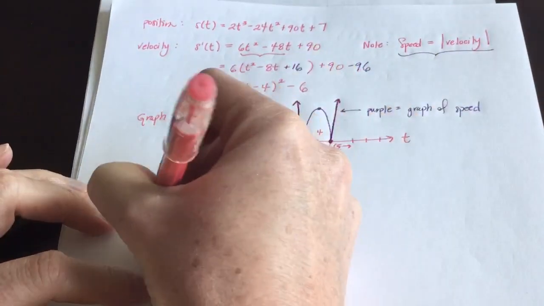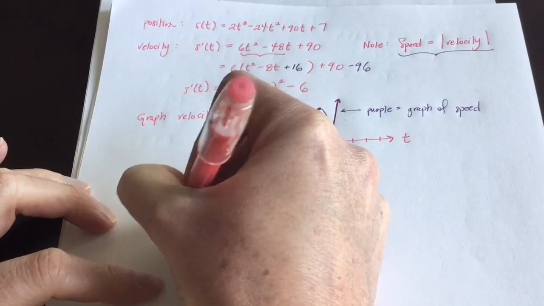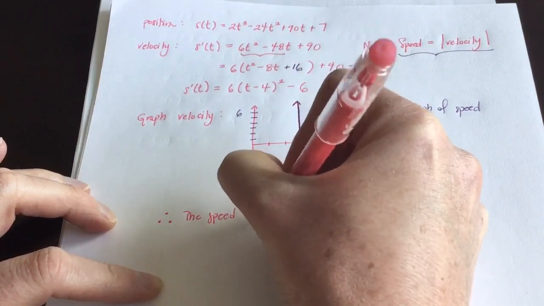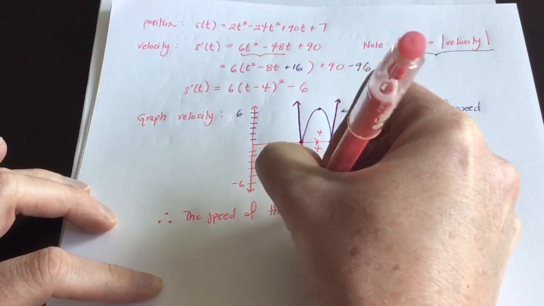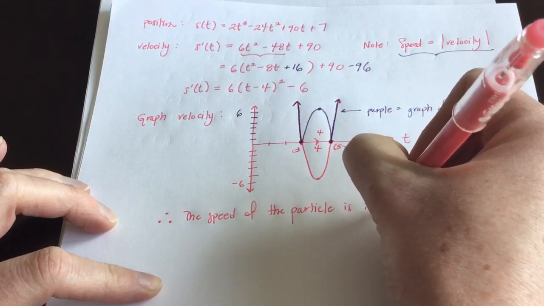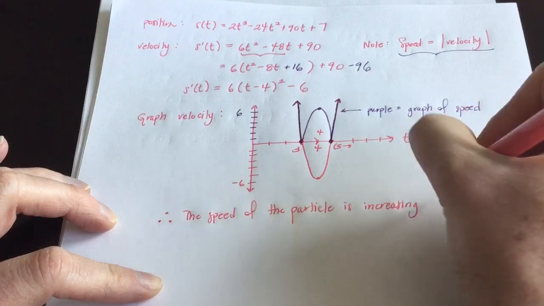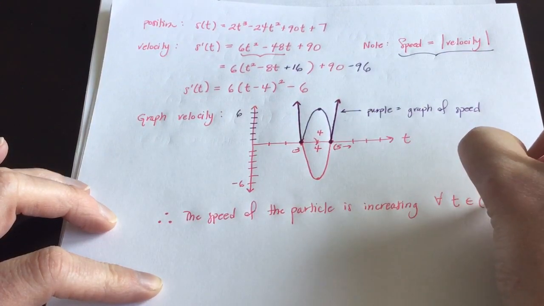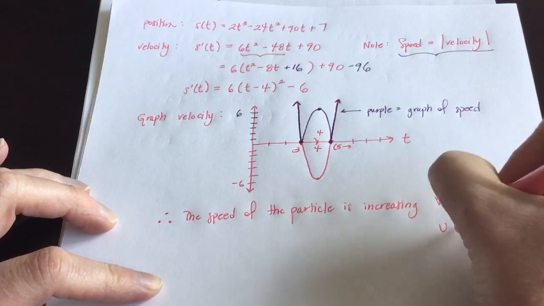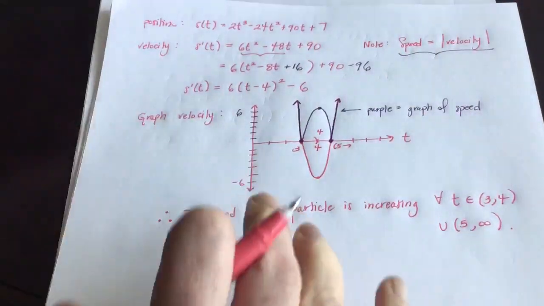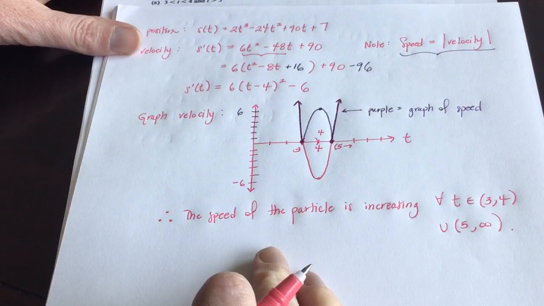So the answer would be: the speed of the particle is increasing for all t in the intervals 3 to 4, and then 5 to infinity. Which I believe matches up with option E.